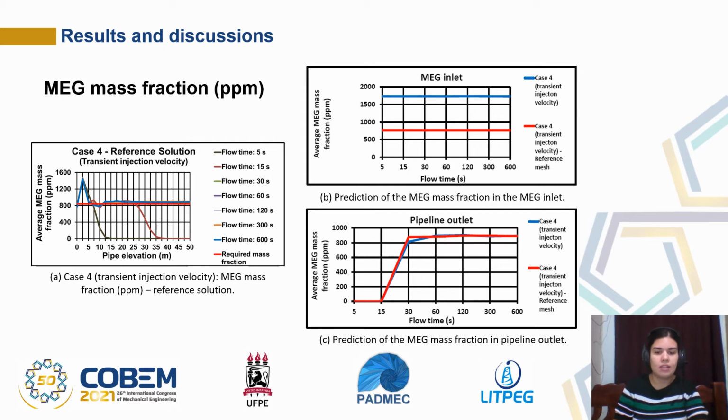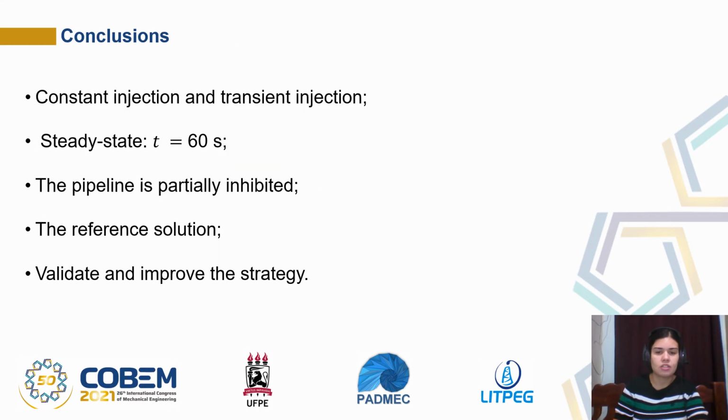At the pipeline outlet, the initial and the reference solutions converge and predict that from t equal to 15 seconds, there is MEG at this location.